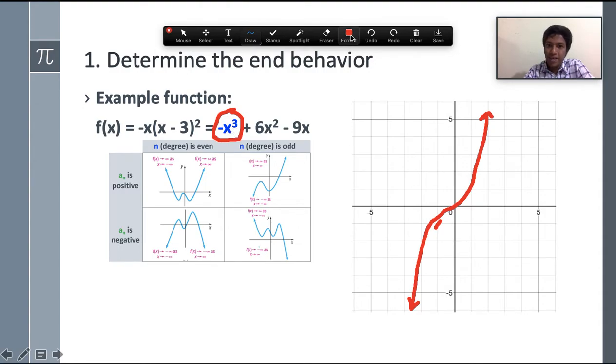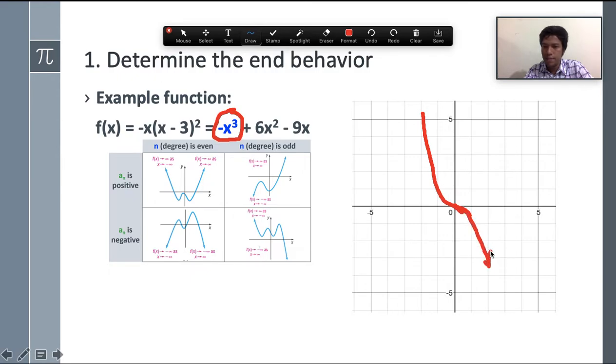So basically, in this case, it will have some reflection in the other way. That means in this case, it will be something like this. Then something like this. Just to give you an idea. So the end part of this graph will look like this.